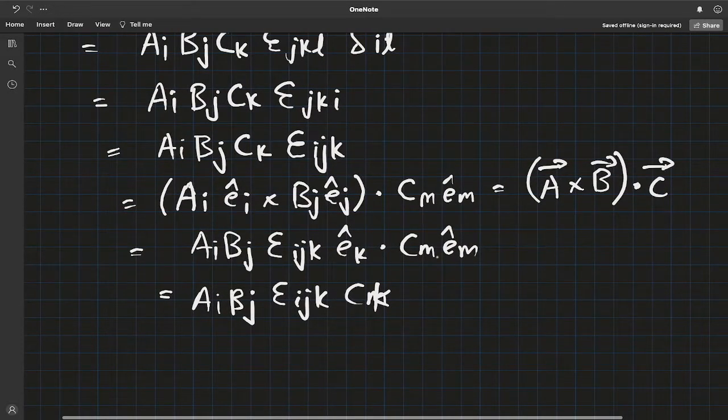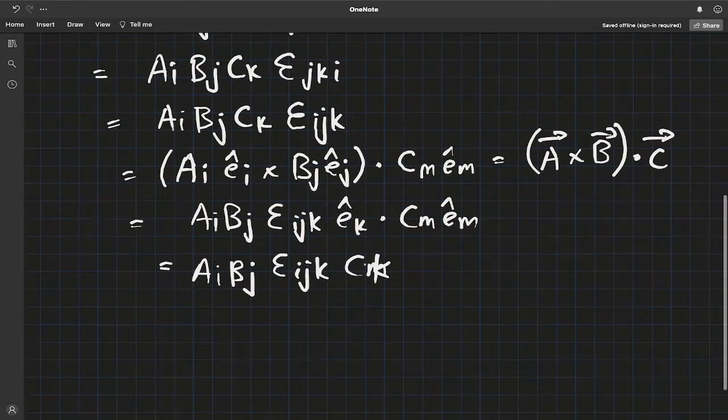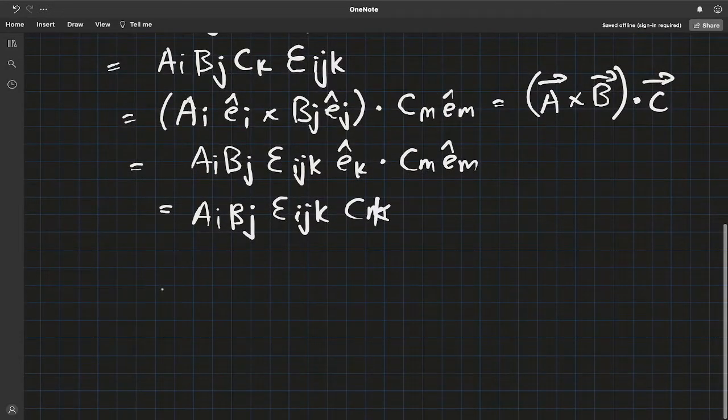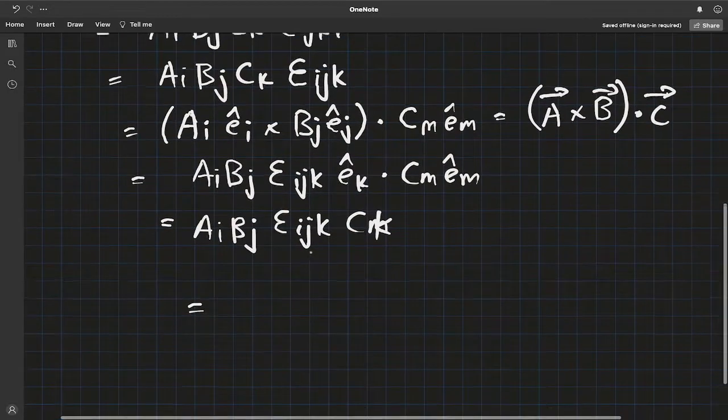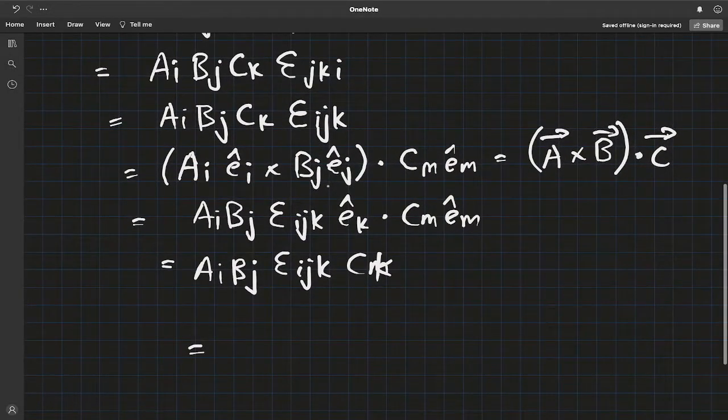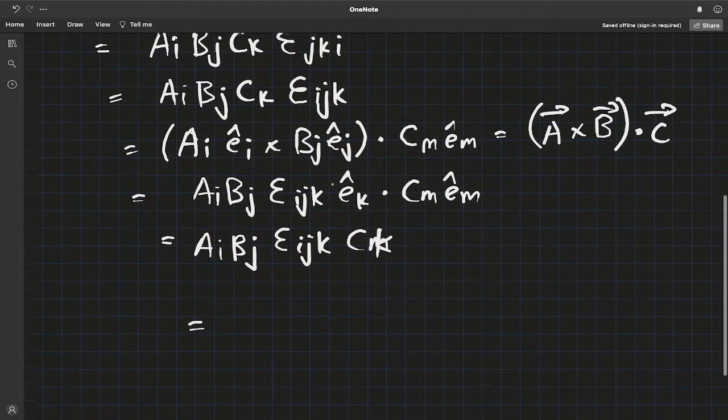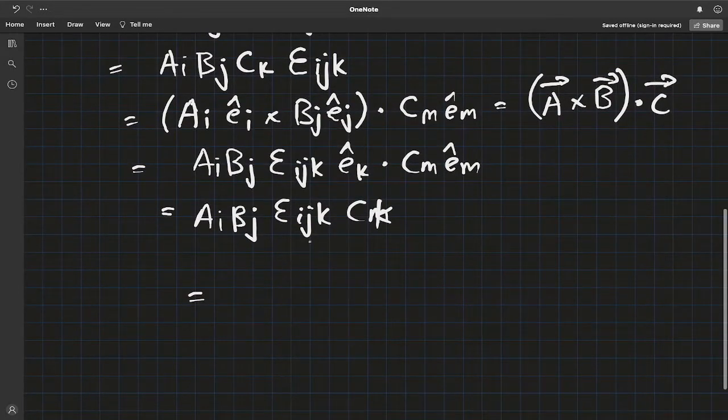And another interesting thing we can do is we can take another permutation of this. So kij, or rather kij, yeah, there's no l, my bad. kij, and we still have a positive sign because it's an even permutation.